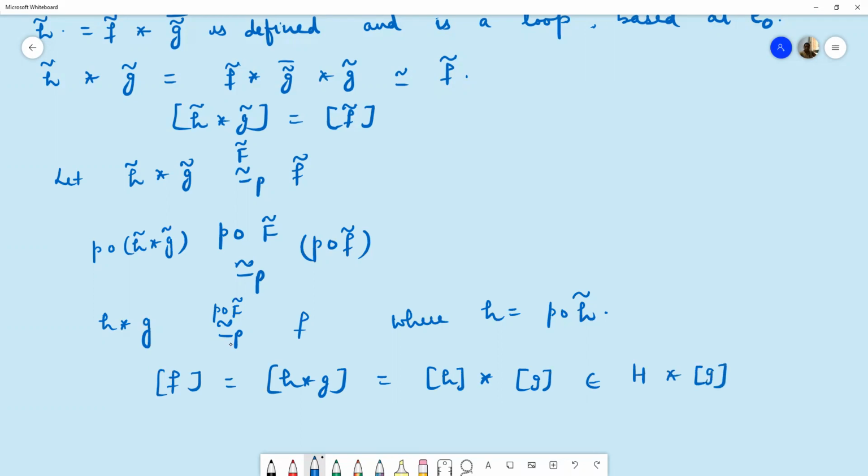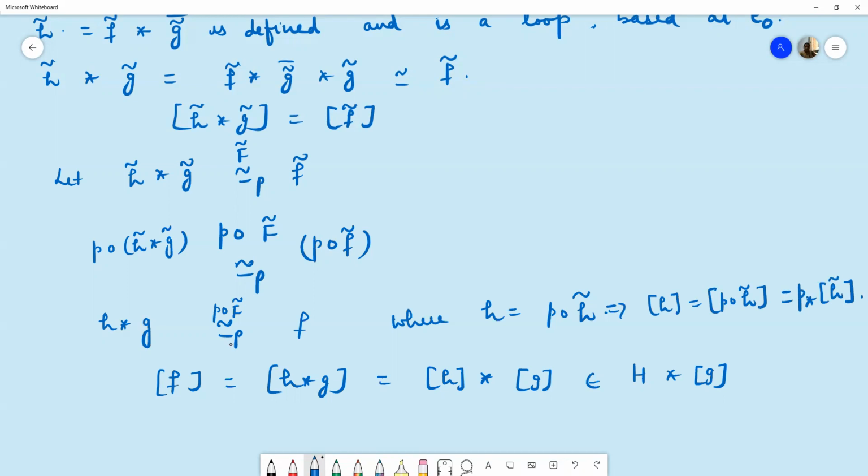Because this is small h, this belongs to the group H. Because H is P circle H curl, the homotopy class of H is the homotopy class of P circle H curl, which is equal to P star of H curl for some H curl.